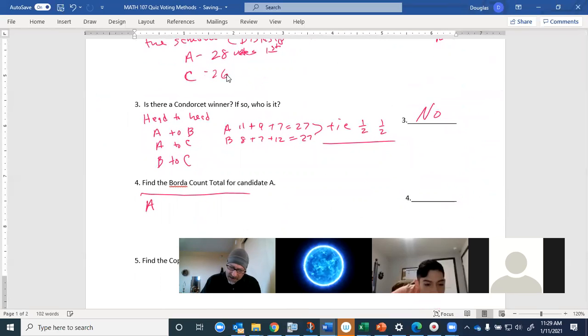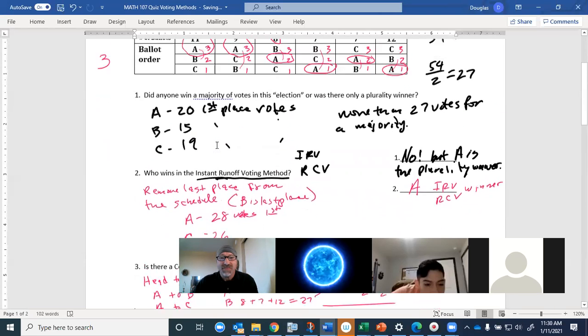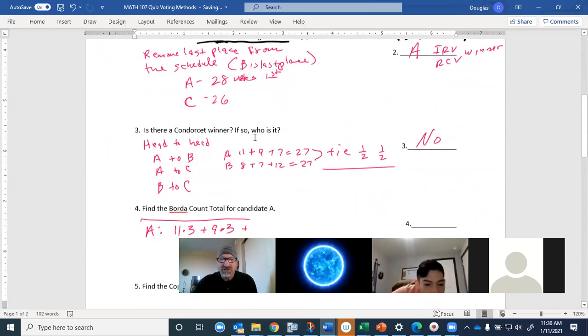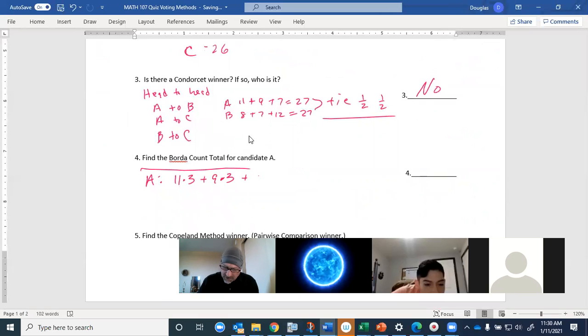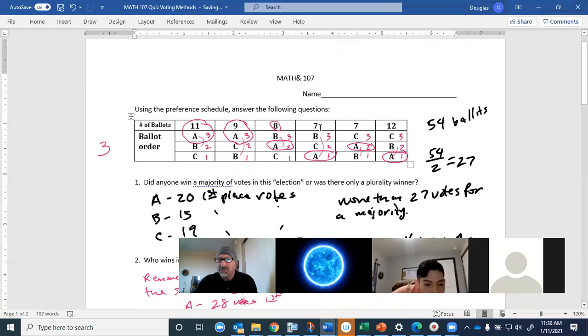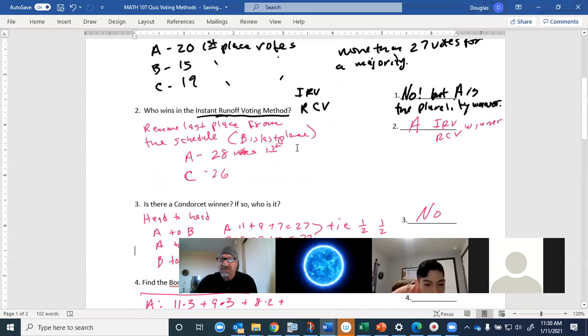So for A, they got 11 first place votes plus 9 first place votes, 3 points for each of those votes. Then they got 8 second place votes, 8 times 2. And then the next one is 7 times 1, 7 third place votes.